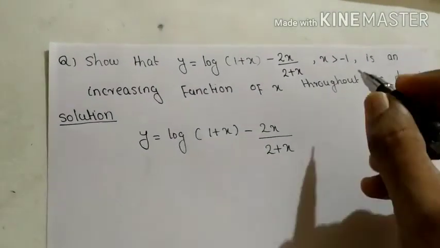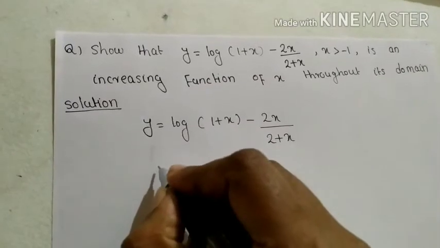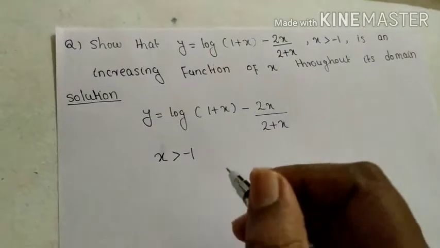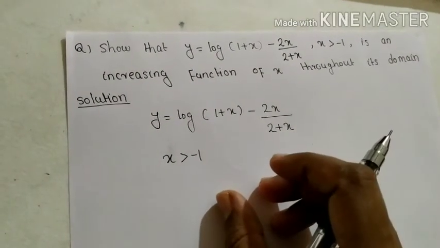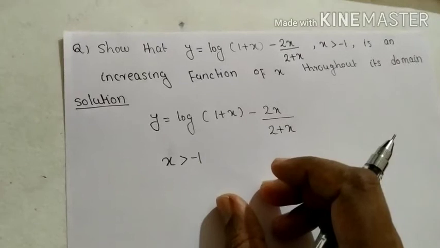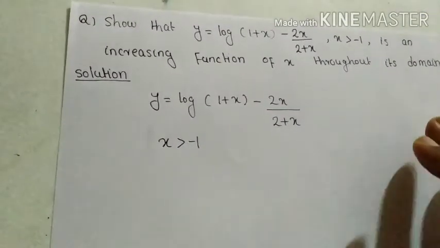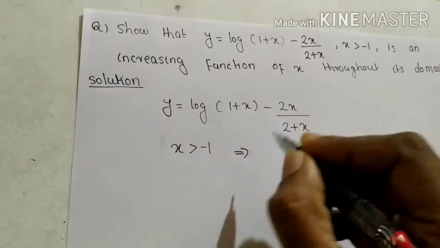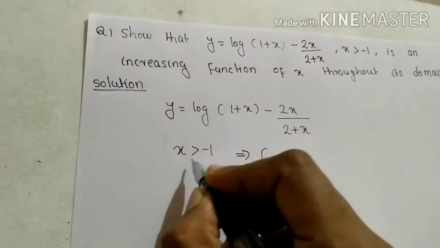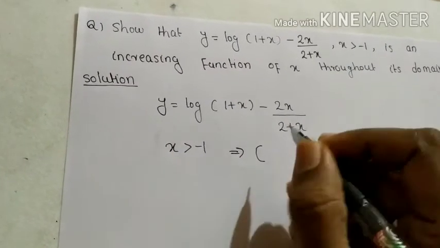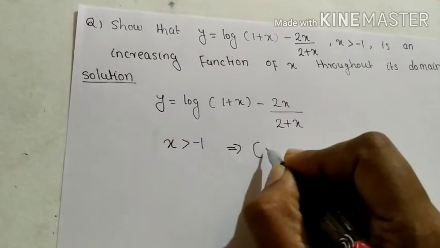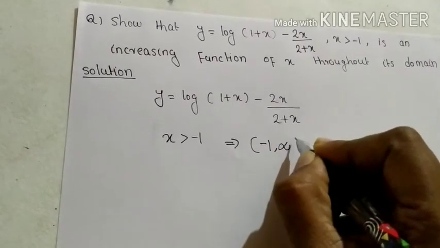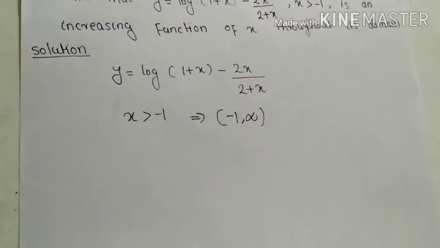Also given the domain, x greater than minus 1. I hope you remember the interval portions in class 11, so we need to convert this into the interval. x greater than minus 1 means the interval lies between minus 1 and infinity, the open interval minus 1 comma infinity.